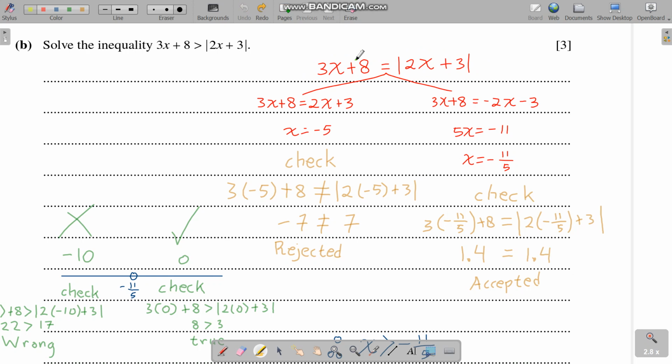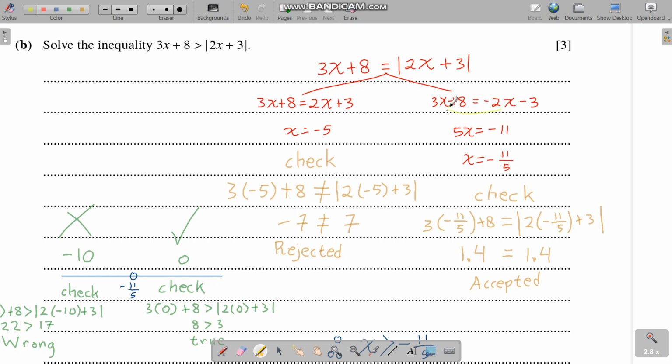So after treating the inequality as an equation here, modulus basically means it can be positive or negative, so plus minus. When it's plus, it's just 2x plus 3, just like this. When it's minus, well, minus times 2x minus times 3, we get this on the right hand side. And to solve each equation, as usual, move 2x to the left, 3x minus 2x is x, and just move this 8 to the right, so 3 minus 8, minus 5.